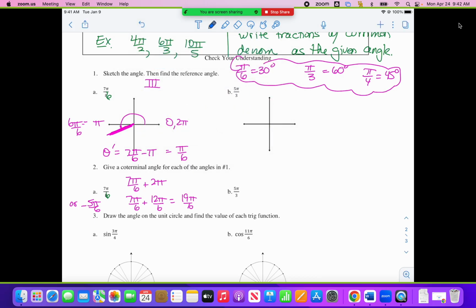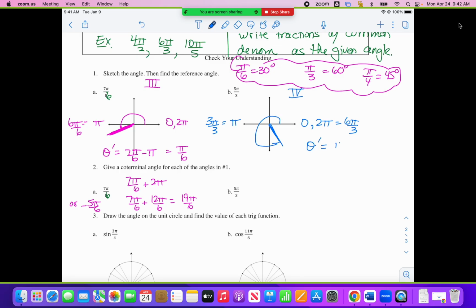All right, 5 pi over 3. Here's how I do this. I do 0, I do pi, and I do 2 pi. Well, pi is 3 pi over 3, so I know one more into the third quadrant is 4 pi over 3. I know 2 pi is 6 pi over 3. So 5 pi over 3 is in the fourth quadrant.